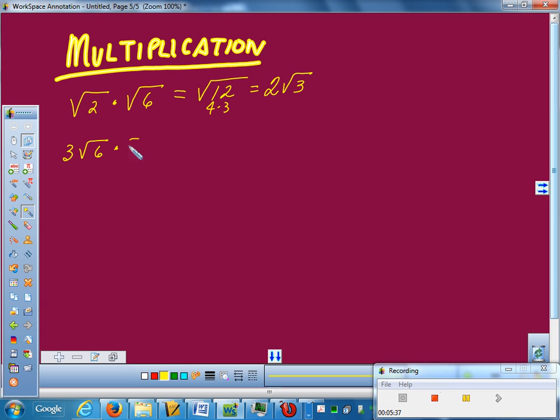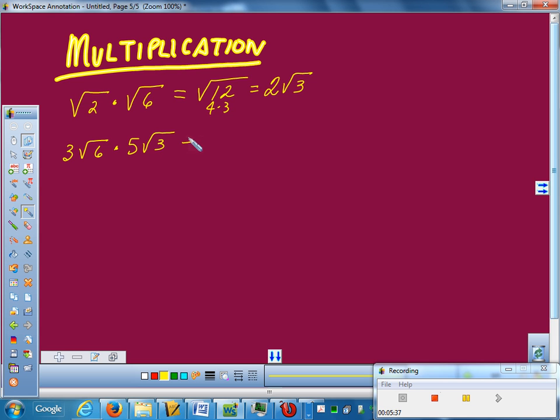So what if I want to take 3 times the square root of 6 times 5 times the square root of 3? That's the question. Do I take the outer numbers times each other and the inner numbers? Or do I have to distribute the 3 times both parts? What's your gut instinct? Yeah. Outside numbers multiply inside numbers.